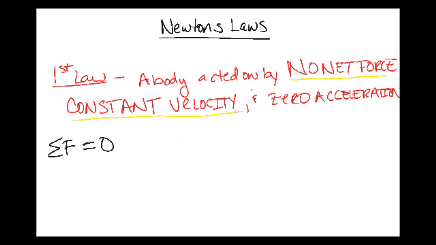All right. But if we actually have a net force or a varying velocity, then we go to the second law, that states that an object acted on by a force has a varied velocity and acceleration, and the sum of the forces then becomes mass times acceleration.